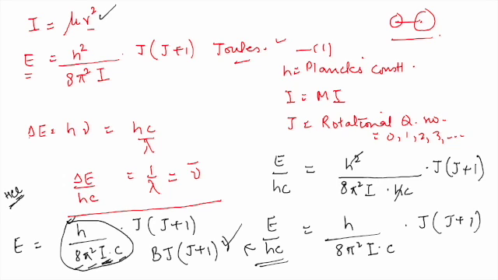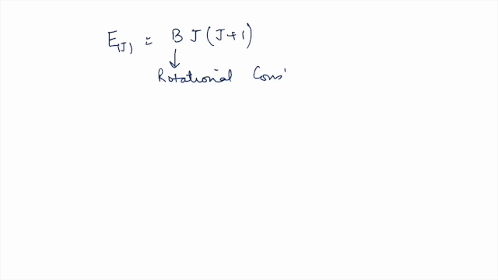So what do we get now? We get an expression where the energy E_J is equal to B J into J plus 1, where B is the rotational constant. If we consider any one specific molecule, the value of B will also be constant, because the masses are not changing, the bond length is not changing, and so the moment of inertia is also not changing.